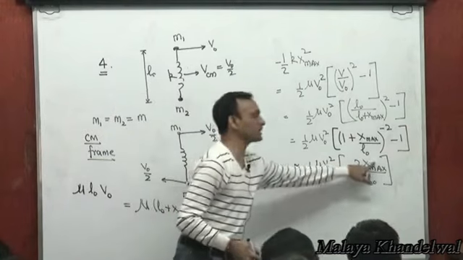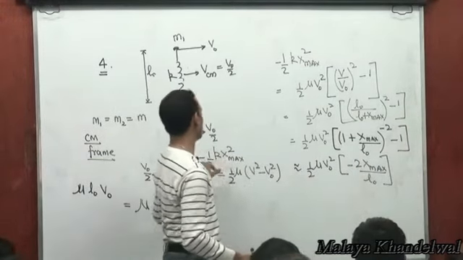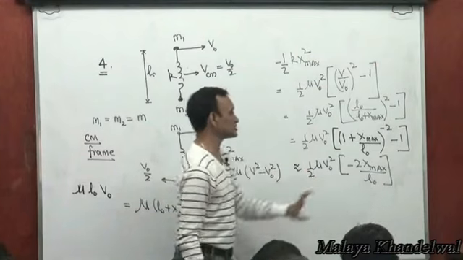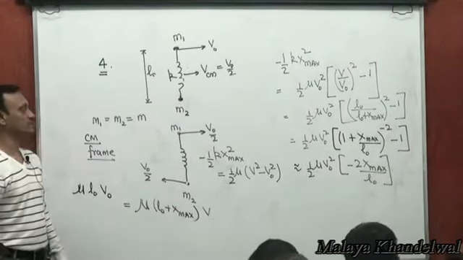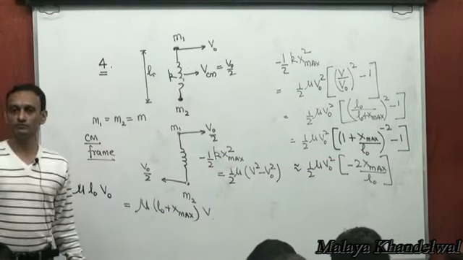So then 1 x max will get cancelled with 1 x max, and then you'll be able to compute x max from these considerations, where mu is m1 m2 by m1 plus m2 and v naught is given to you. Clear?